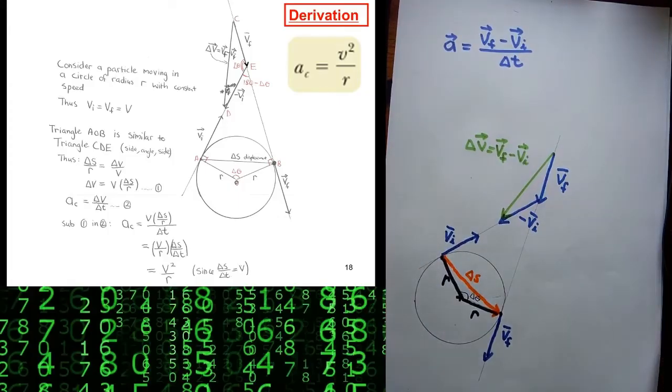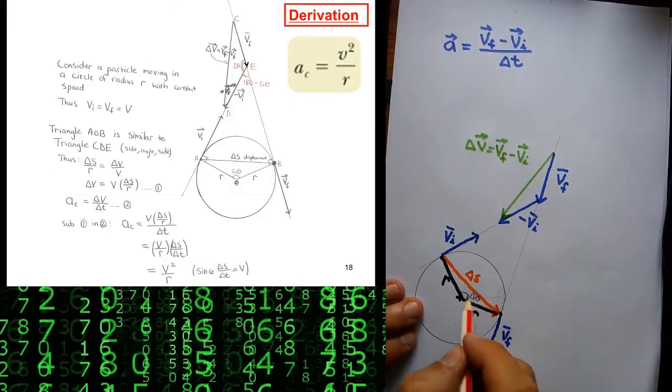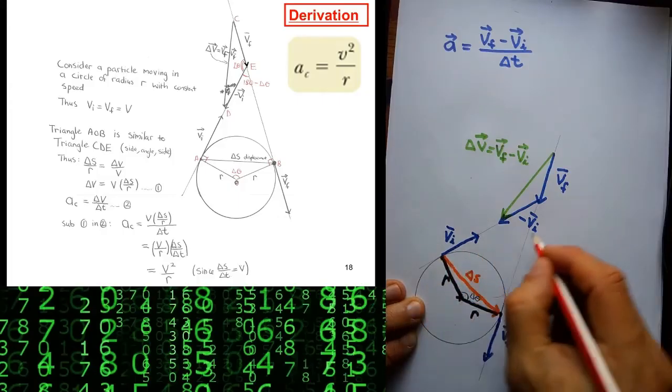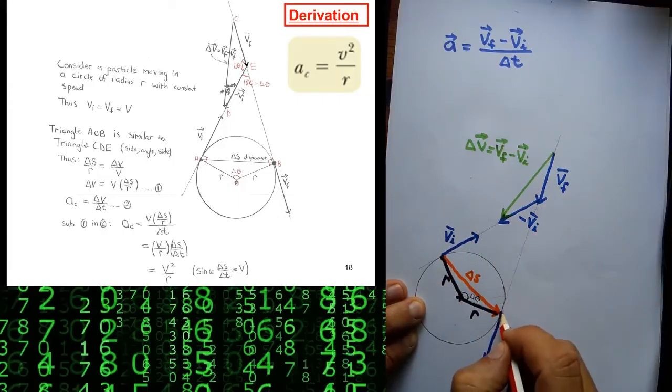Another important point we need to make use of in our diagram is the fact that here we have a cyclic quad. If you consider this point, this point, this point, and this point, it's a cyclic quad, right?